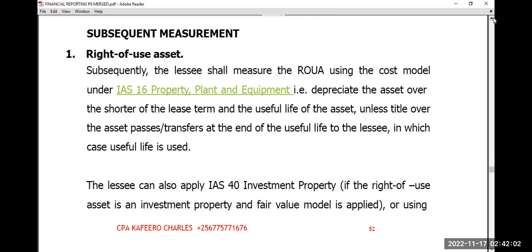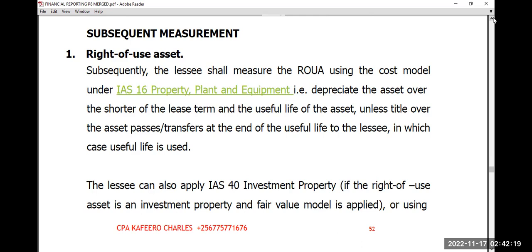Then the other way is that the lessee can also apply IAS 40 investment property, if the asset is an investment property, and we use the fair value model.